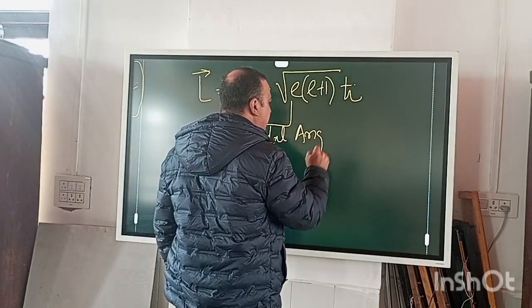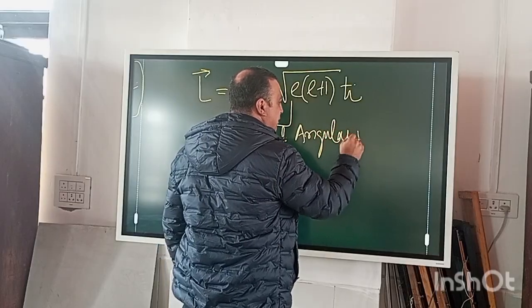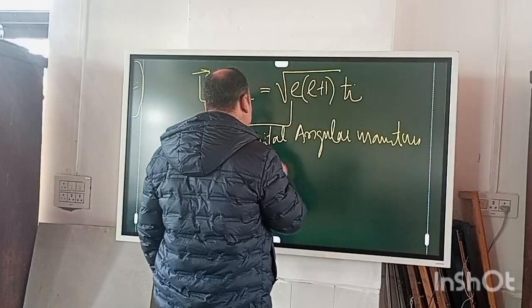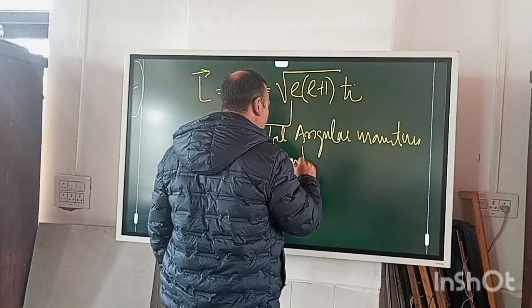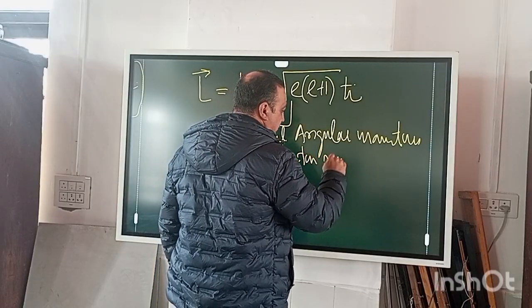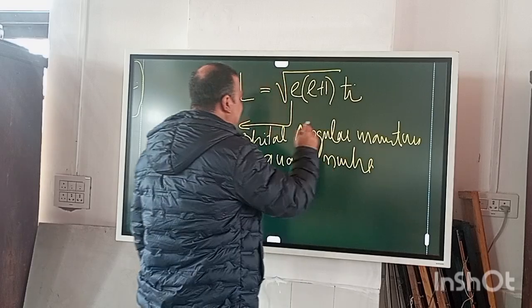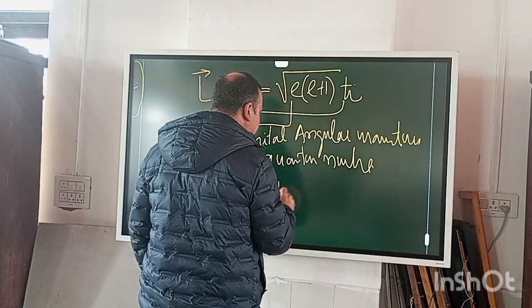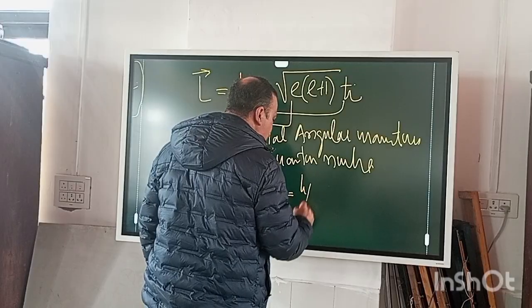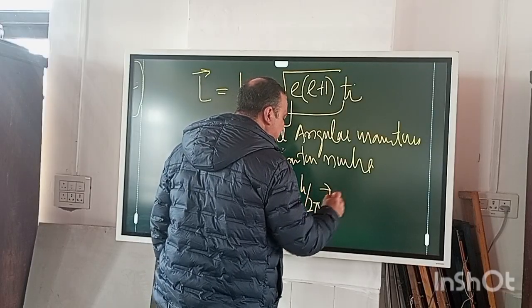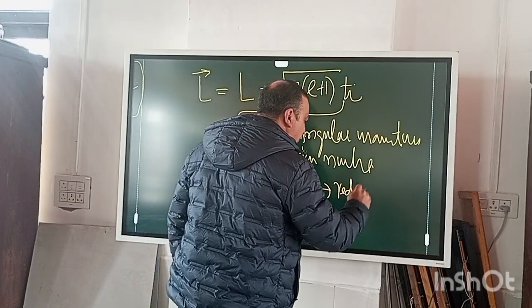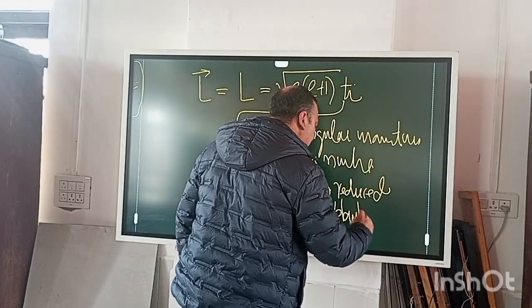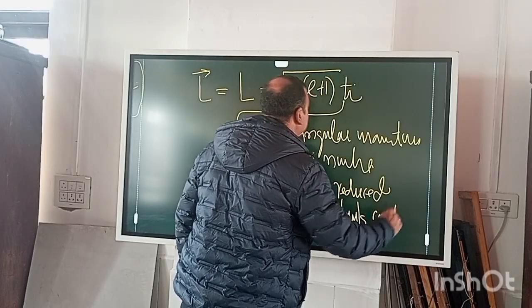is the orbital angular momentum quantum number. And this h bar that we have here is h by 2π, and we also call it the reduced Planck's constant.